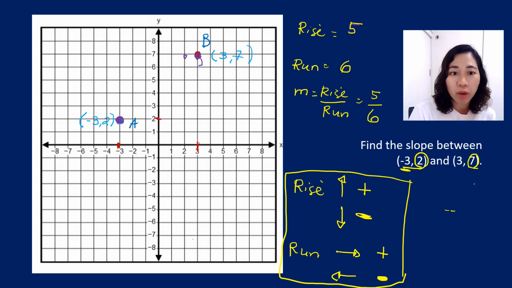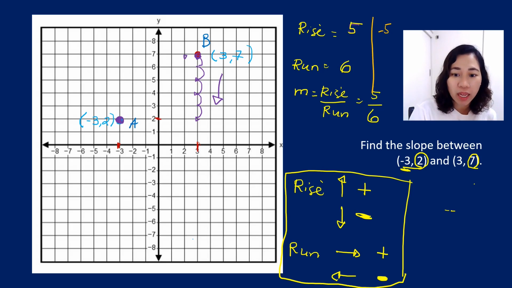So I will go down 1, 2, 3, 4, and then 5. Since I went down, the rise is negative 5. Understand?